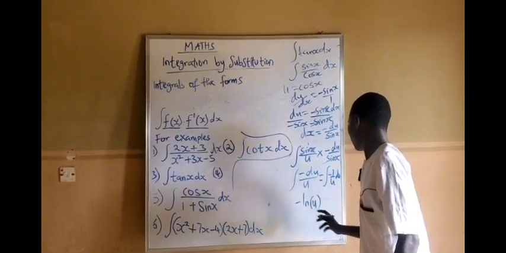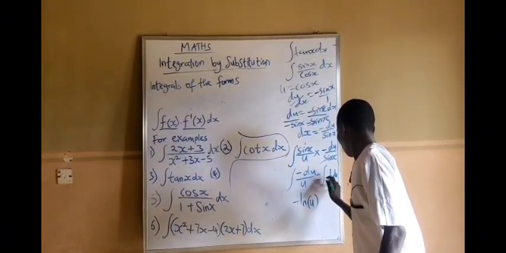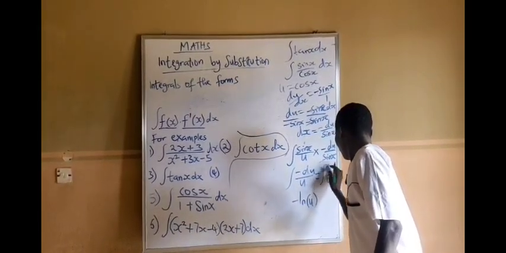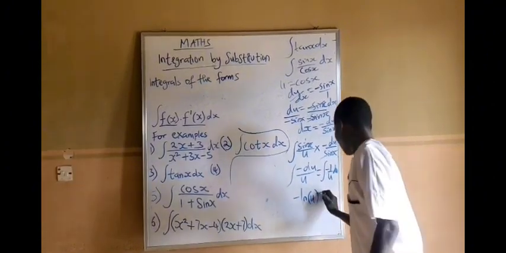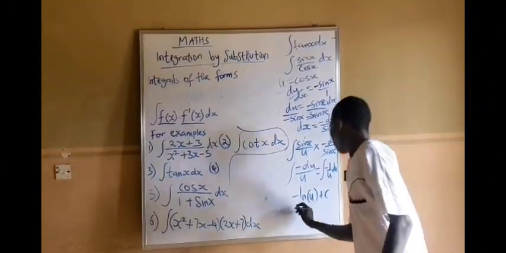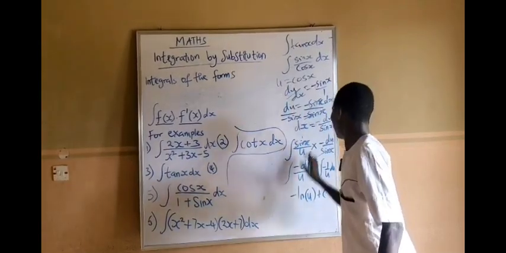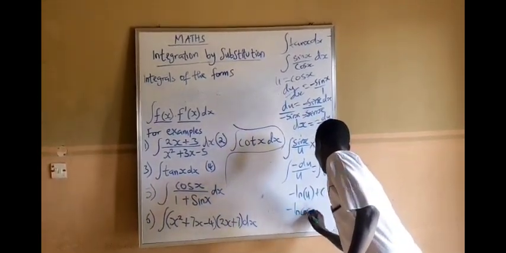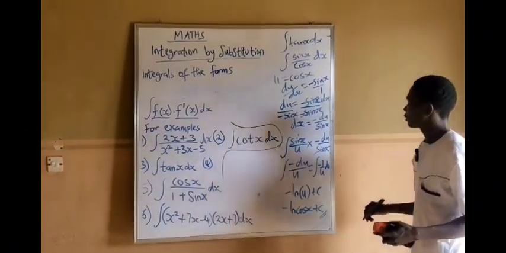If you now integrate 1 over u, it will give you ln u. Don't forget to include your constant, C. Recall that u is equal to cos x. So bringing this back into the position of u, we have minus ln cos x plus c. That is your final answer.